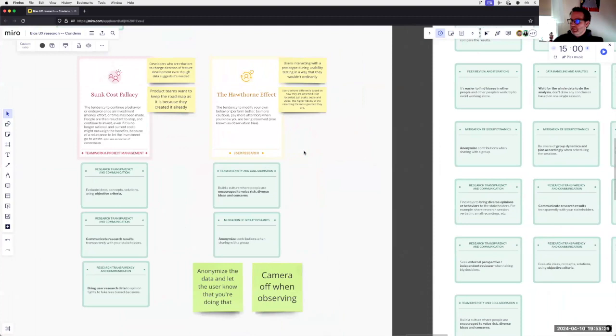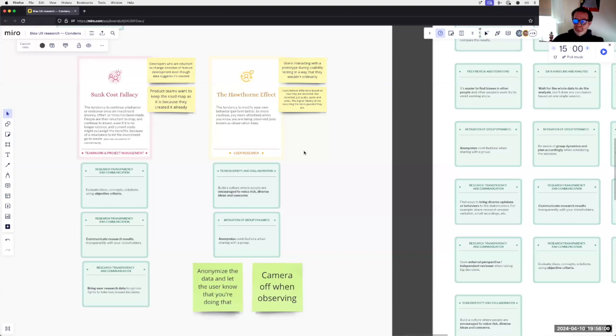For the Hawthorne effect, a lot of the mitigation is presenting the pretest protocol and talking about the recording: who's observing, where the recording is going to go, ensuring them that they're going to be anonymous in the data and that the video and everything is going to be locked down.